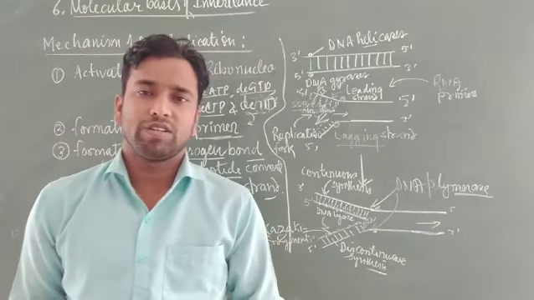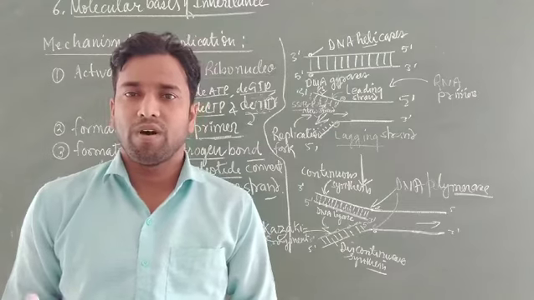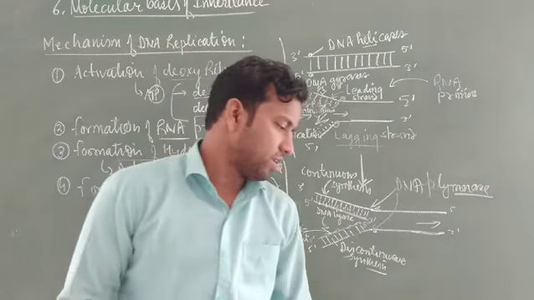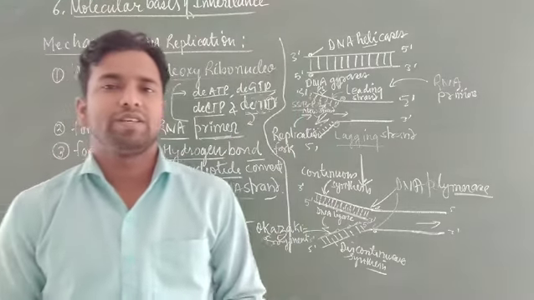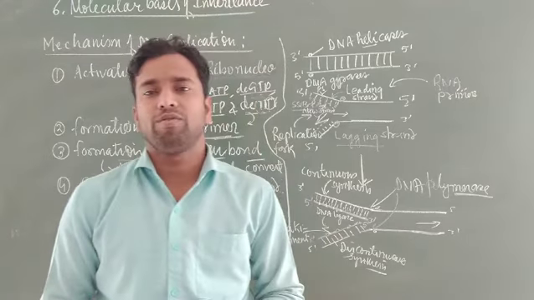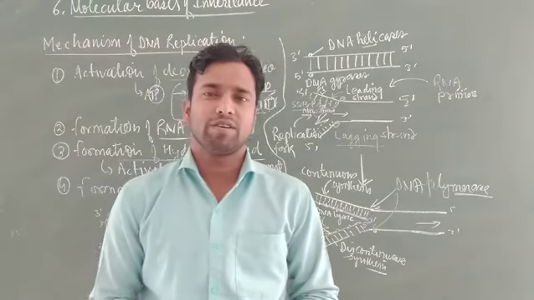Many times the question is also asked about both leading and lagging strands: what is an RNA primer, what is its length in general, why is the RNA primer replaced, and what is a single strand binding protein? This question is asked many times, students.